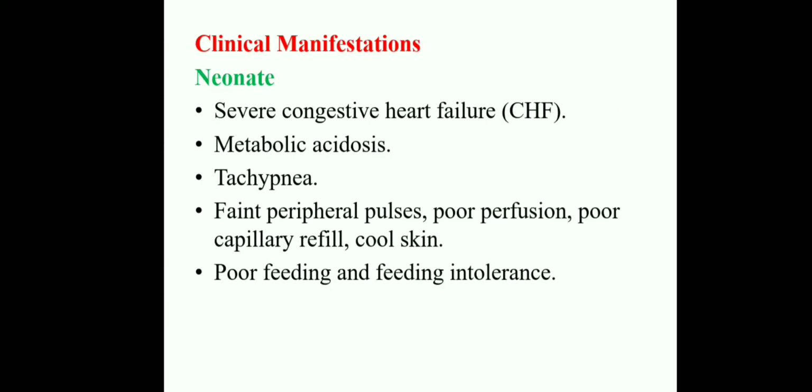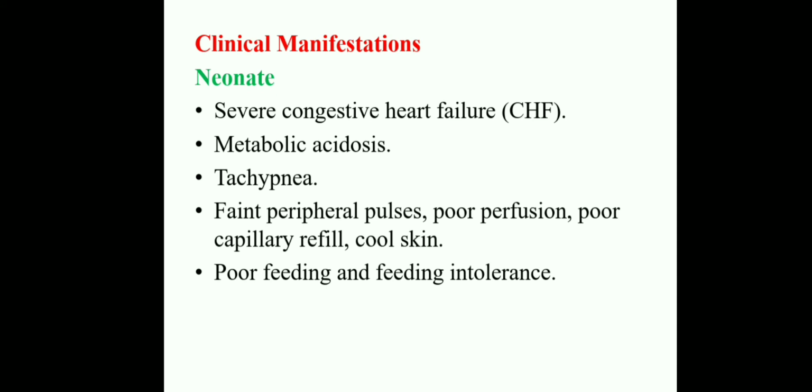All of you clear? Coming to the clinical manifestations of aortic stenosis, we will see them according to the age group. First, the neonates. If a child has aortic stenosis at the neonatal age, severe congestive heart failure is there.